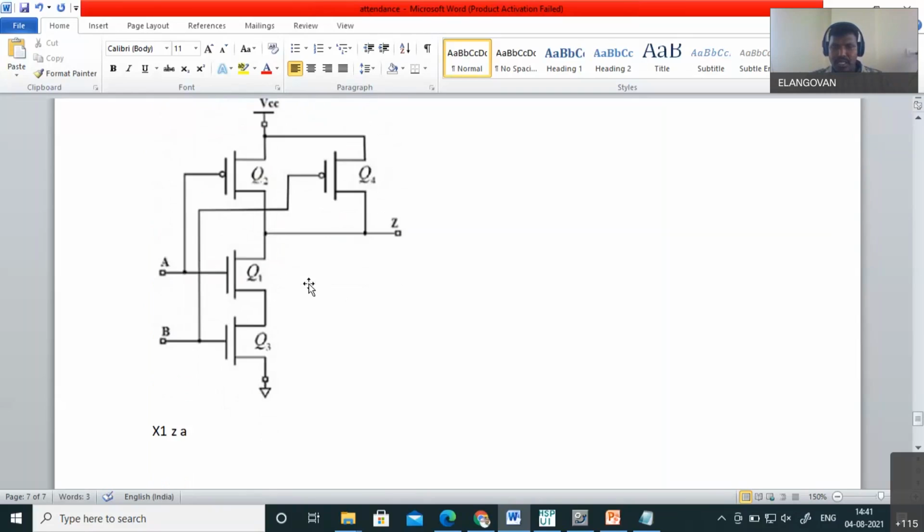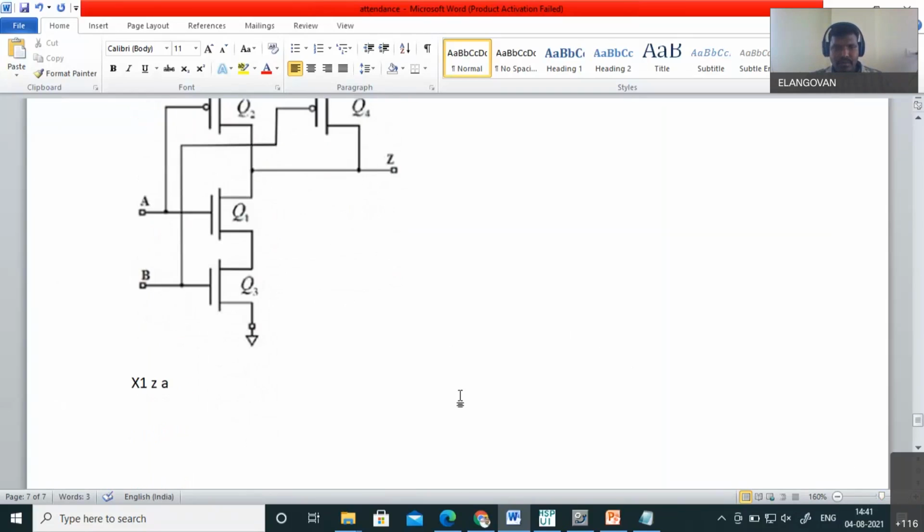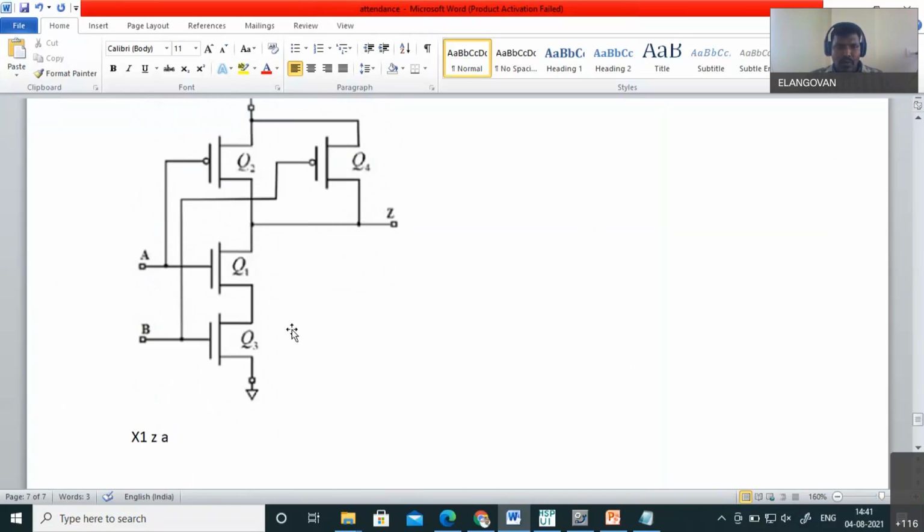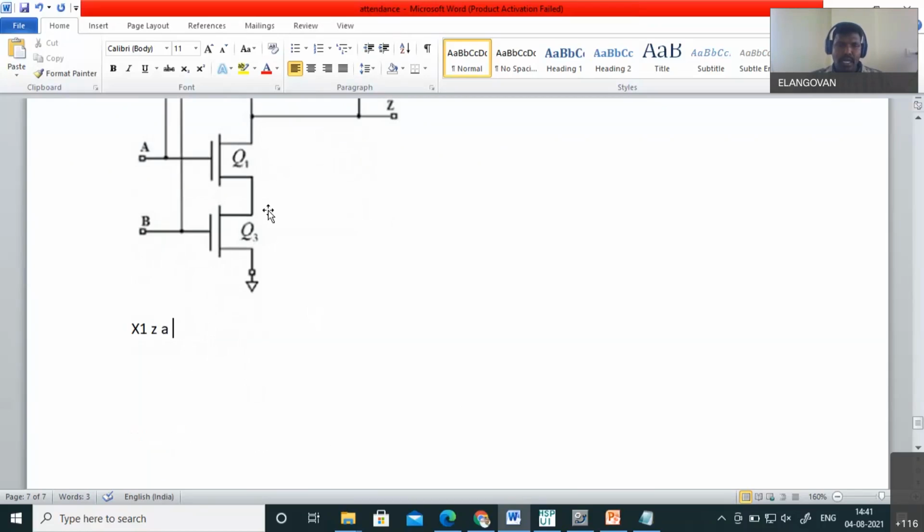Is it visible? Shall I zoom it? Yes, thank you. So when two terminals are connected like this, you can use any letter symbol which you are not using in your circuit.